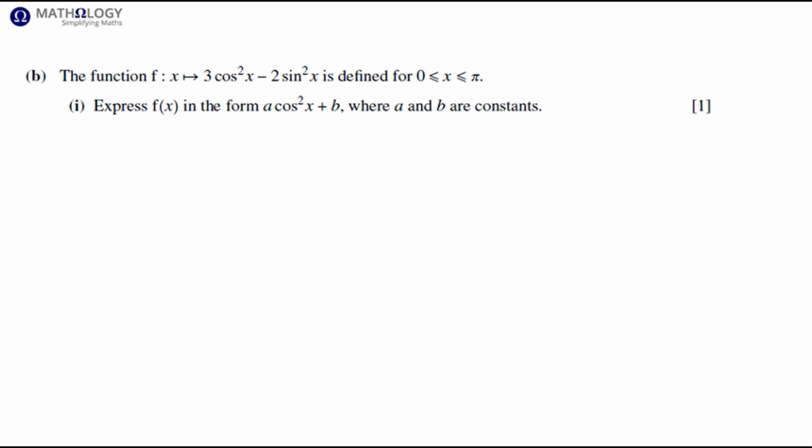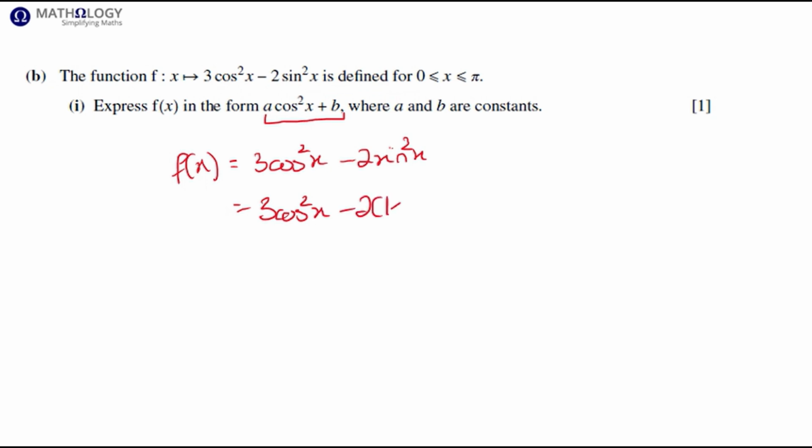Function f of x equals 3 cos squared x minus 2 sin squared x is defined for x between 0 and pi. Express f of x in the form a cos squared x plus b, where a and b are constants. Okay, since we need only the trig ratio cos, we will be expressing sin squared x as 1 minus cos squared x, which we get from the square identity.